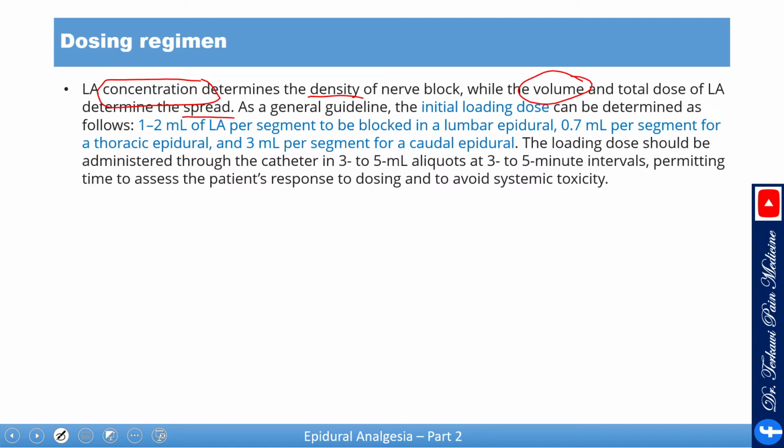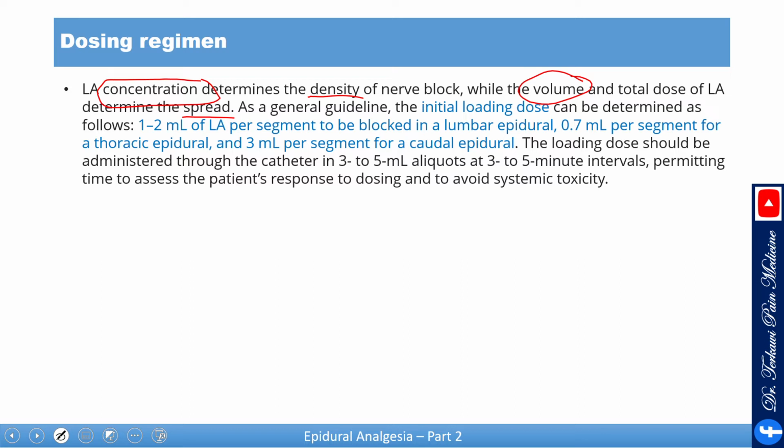As a general guideline, the initial loading dose can be determined as follows: 1 to 2 ml of local anesthetic per segment to be blocked in the lumbar epidural, 0.7 ml per segment for thoracic epidural, and 3 ml per segment for caudal epidural. And that makes perfect sense, right? Because you have a smaller space in the thoracic than the lumbar.